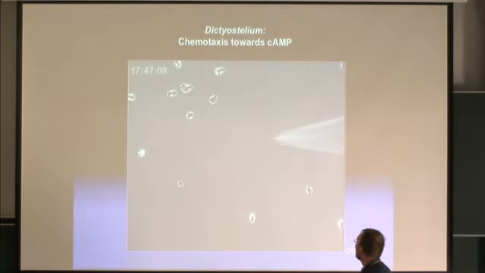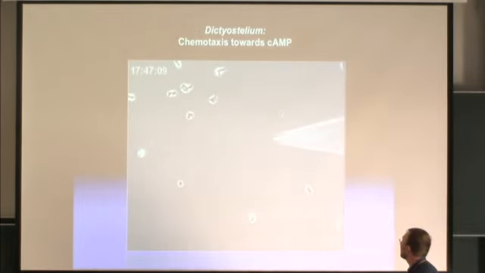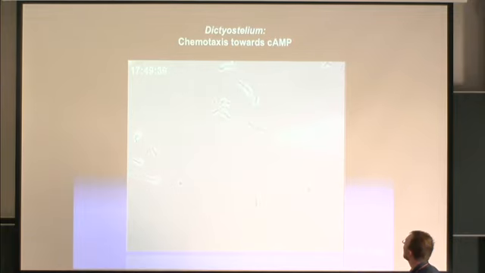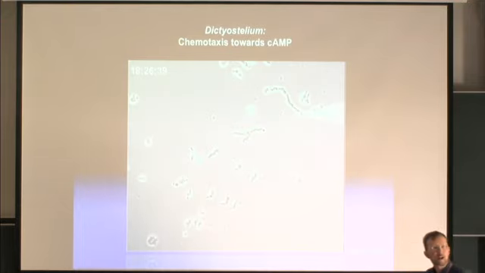So you've seen quite a few movies about moving cells. Dictyostelium is an amoeboid type of cell, and here you see it chasing the tip of the pipette, which is filled with cyclic AMP.